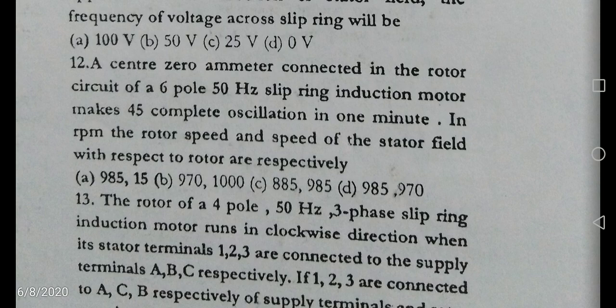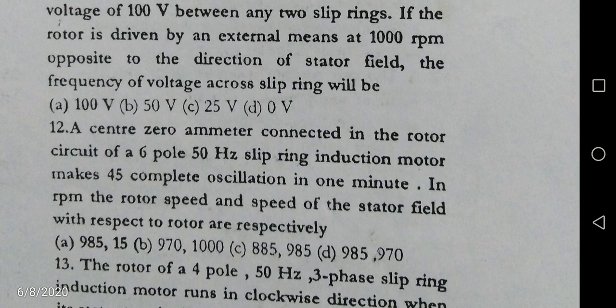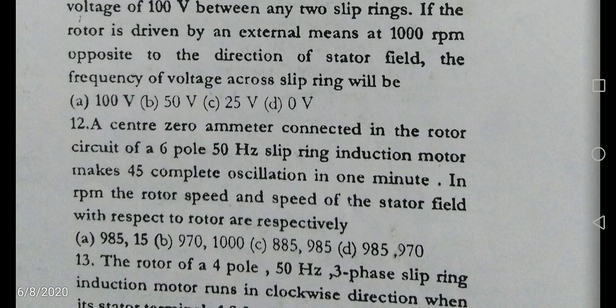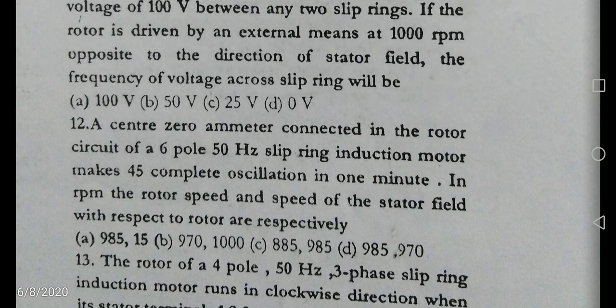A center zero ammeter connected in the rotor circuit of a 6-pole 50 Hz slip ring induction machine makes 45 complete oscillations, meaning 45 per minute, 45 by 60.